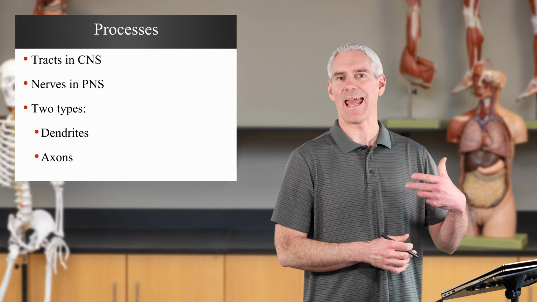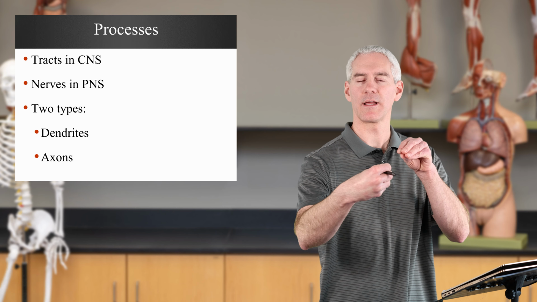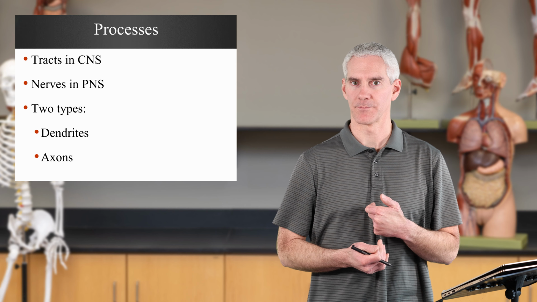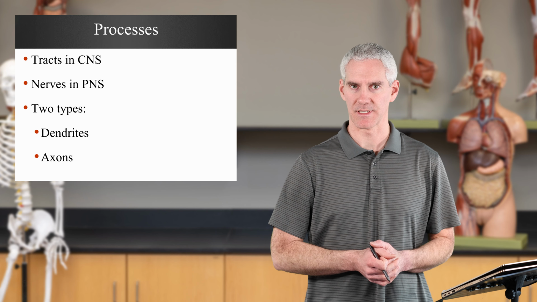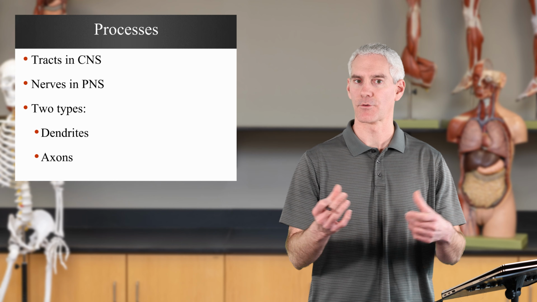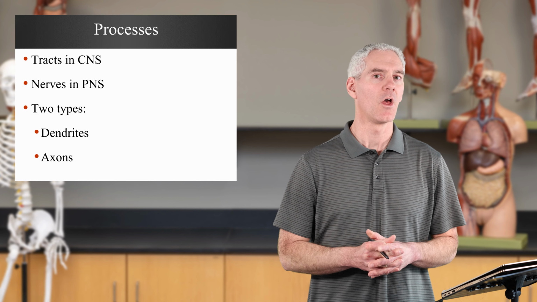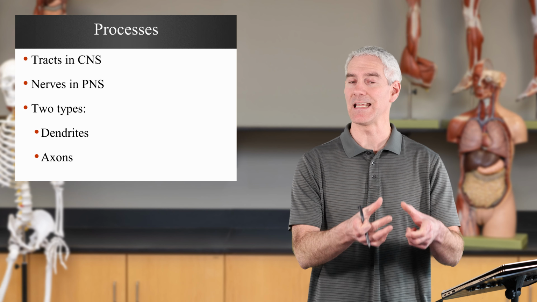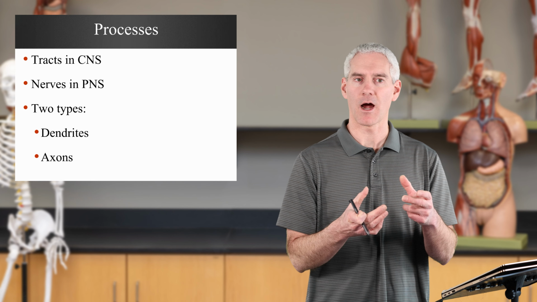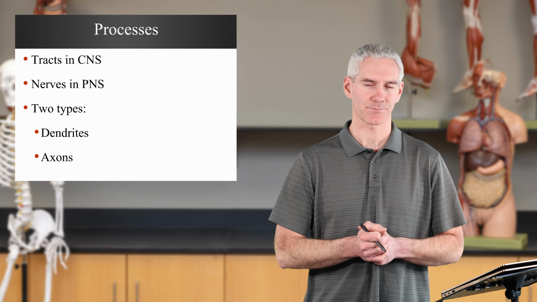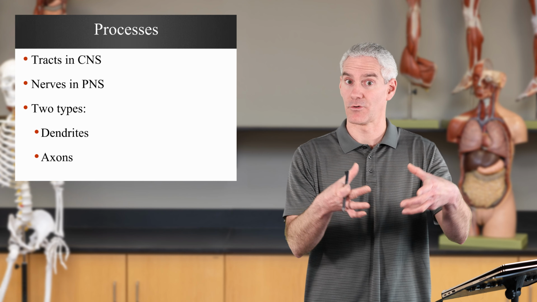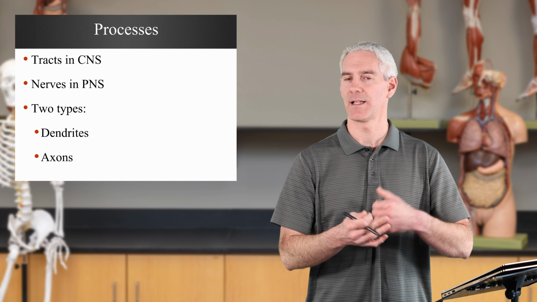So when you have these long axons potentially, if it's in your brain or spinal cord, so in the central nervous system, it's called a tract, a grouping of axons. But if it's out in the peripheral nervous system, these same grouping of axons are now referred to as nerves. So two different names, exact same things, grouping of axons, just depends on where they're located.